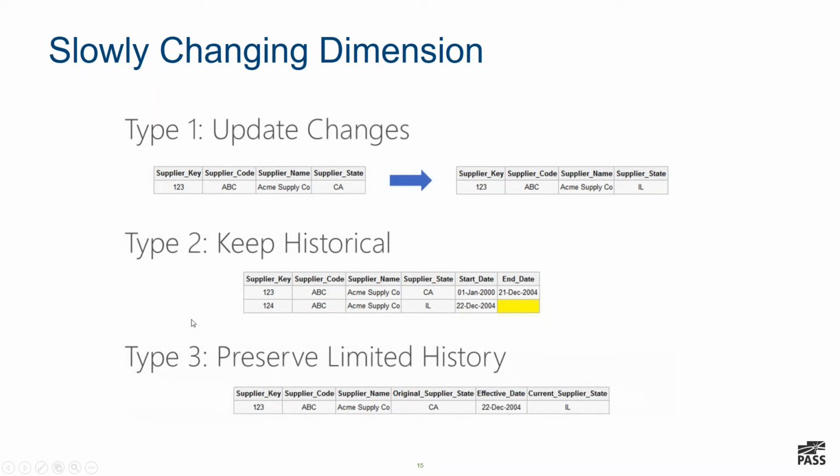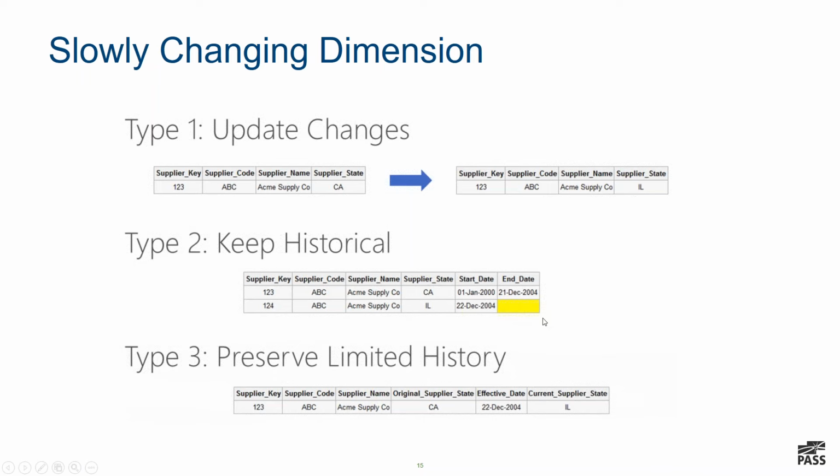Type 2, which is also common, is about keeping historical information. As you can see, in keeping historical information, I can have a start date and an end date. So each record has a start date. For example, for this supplier, I have the supplier in the state of California from 1st of January 2000 till 21st of December 2004. At that time, this supplier moved, with the same information, to another state, and I have that record as 22nd of December 2004, with end date nil.